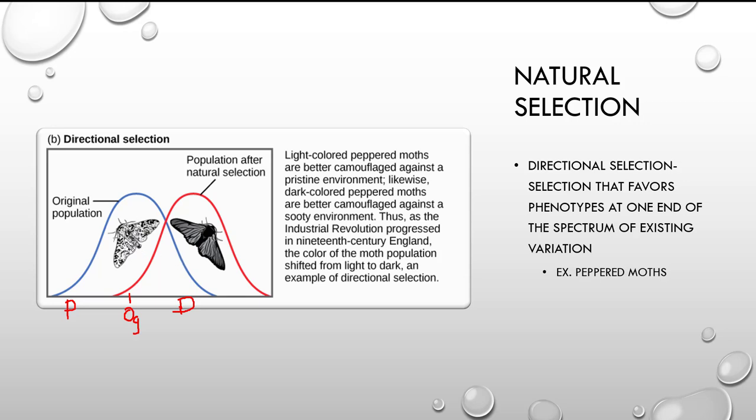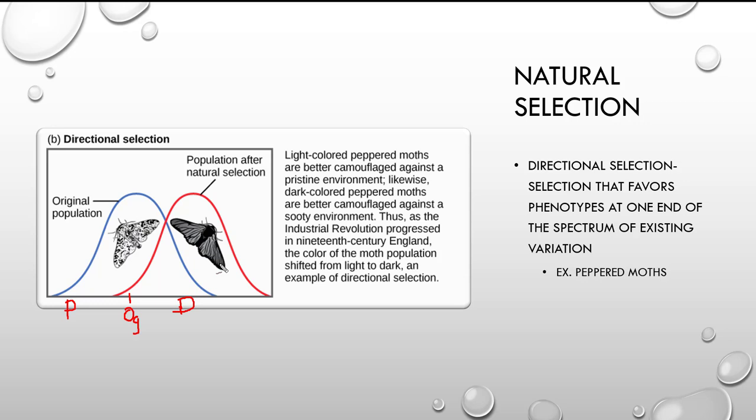Now that the soot is turning the tree trunks black, suddenly the black color morph is blended in to the tree trunks, whereas the pepper colored morph is standing out. So now the black color morph is at a distinct advantage.